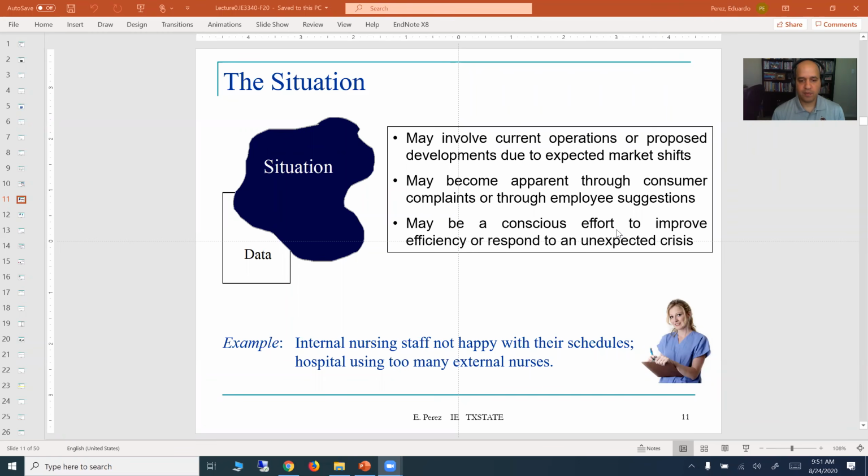In this particular problem, the staff is not happy with their schedules, and the hospital is using too many external nurses, bringing in people who are not their staff, maybe subcontracting some people.